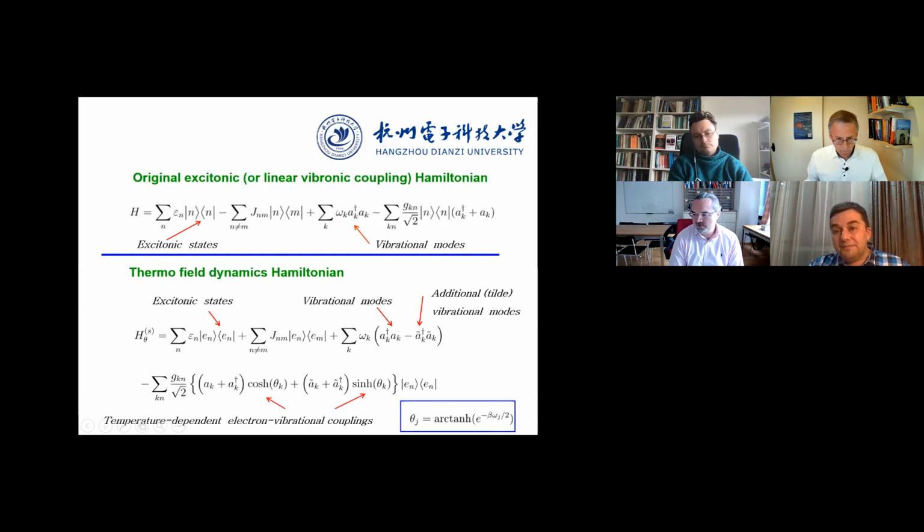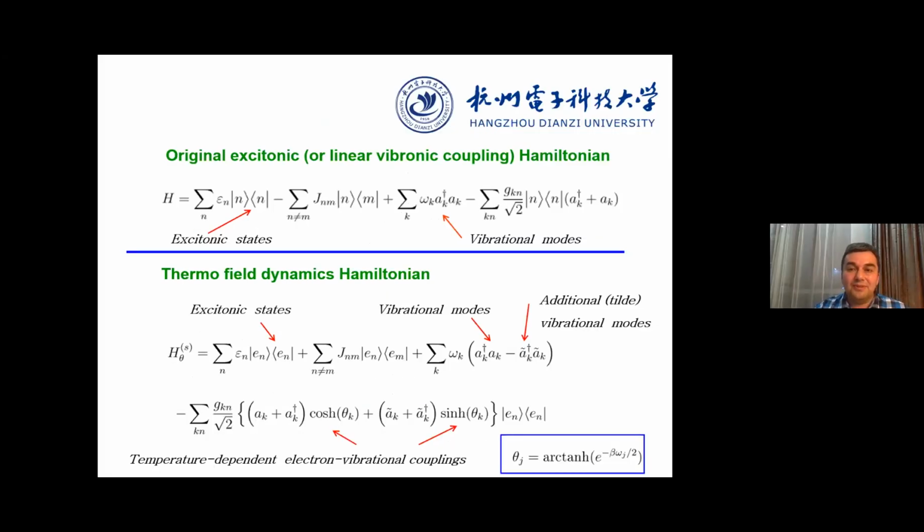So we have the original physical vibrational modes, which are denoted by these a_k creation annihilation operators. But on top of it, we also have so-called additional or tilde modes, which are just copies of these original physical modes. So they have the same vibrational frequencies.